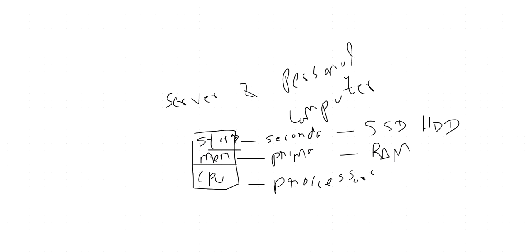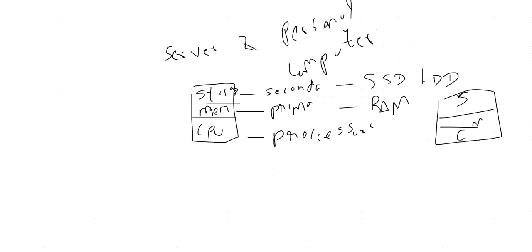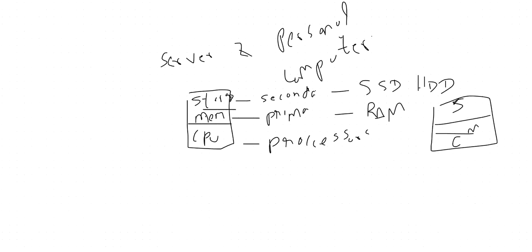And as I'm trying to explain about the server versus personal computers, a server will also have storage, memory, and CPU, and a personal computer also has storage, CPU, and memory. So the difference here is that the personal computer is used by individual users.